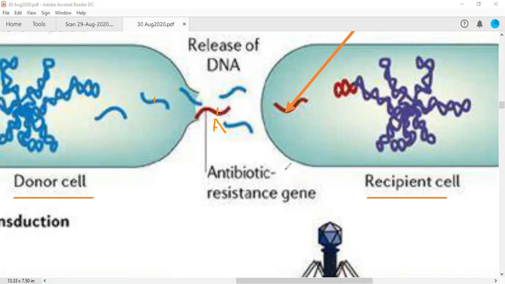Whereas if they are close enough that they are present over the same fragment, then there is a high probability of uptake together when this particular fragment is taken up by the recipient cell. Both A and B are present together because they are close to each other. Therefore, we can map the position of genes using this strategy.